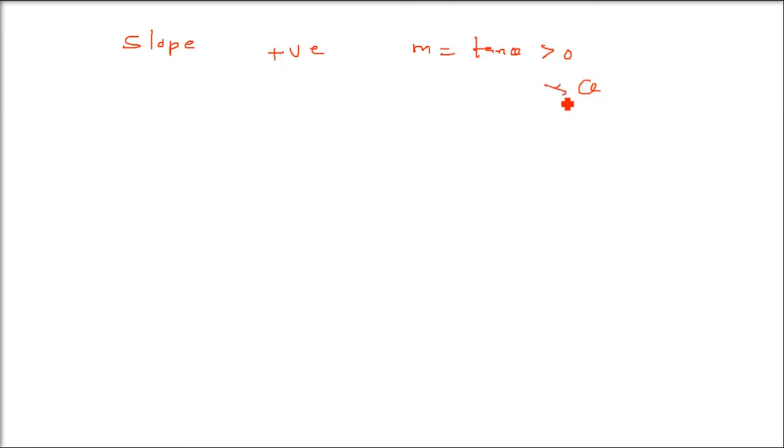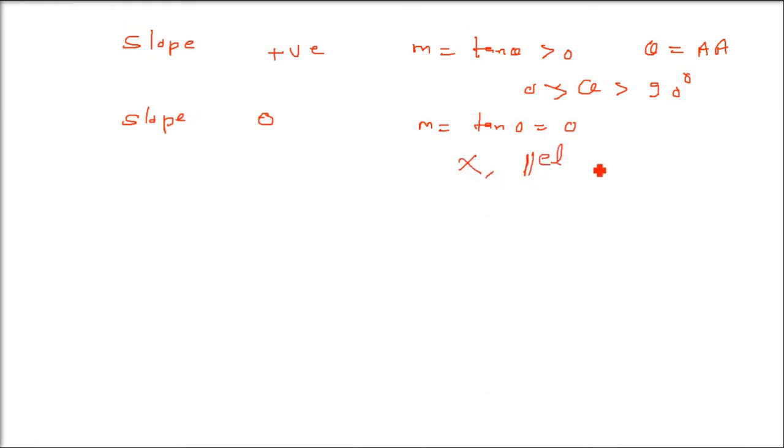Now theta will be an acute angle. When the slope is 0, that is m equals tan theta, which is tan 0, so tan theta is 0, theta will be 0. So that means either it is the x-axis by itself, or this line is parallel to x-axis.